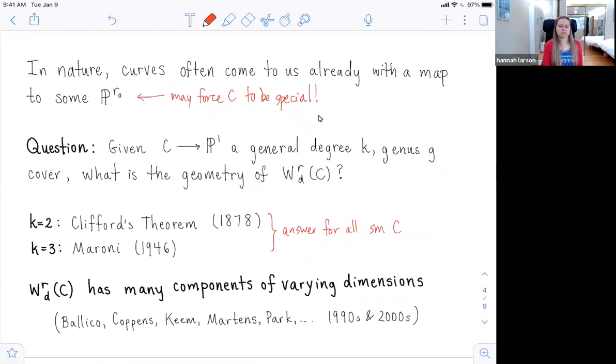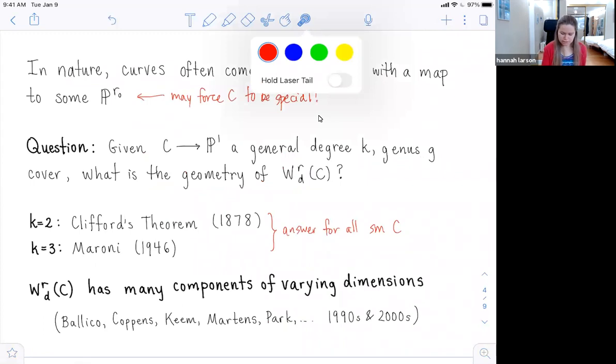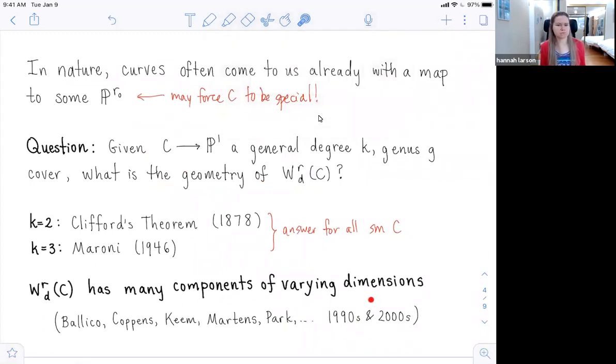This was the subject of the interest of many authors in the 1990s and early 2000s. And I can summarize their work as saying that W^R_D has many components of varying dimensions. So they gave some upper bounds on the dimensions of all components. And they also gave some existence results on components of particular dimensions.